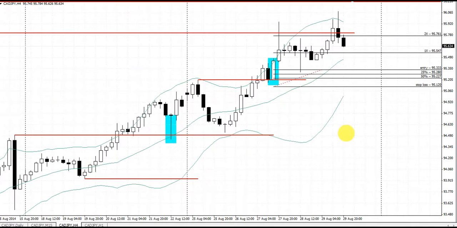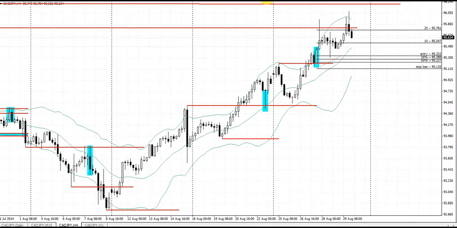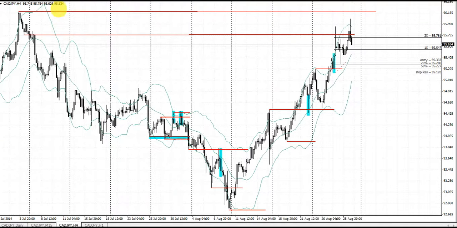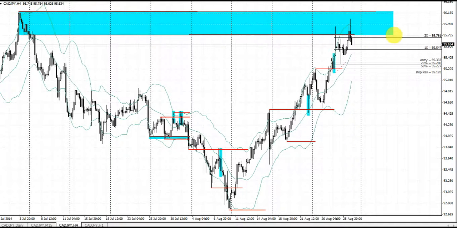Our 2 times profit target was reached right here, 2 candles before the close on Friday. Let me zoom out. This emphasizes the importance of a zone. Let me highlight this zone. This is exactly why we target a zone.